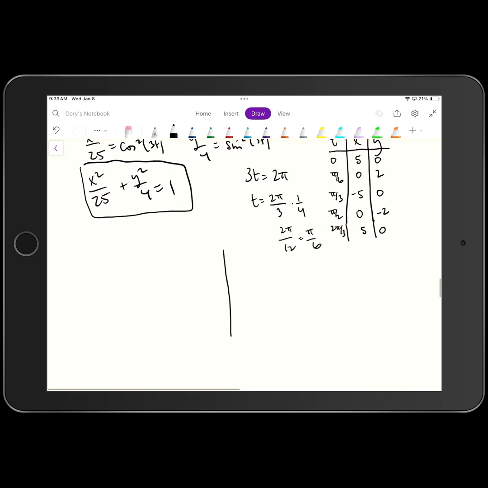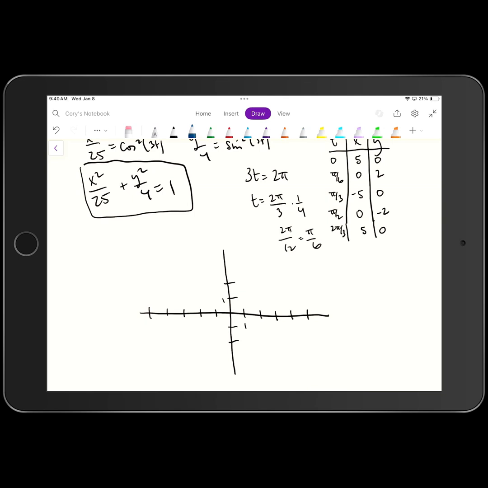Okay, so let's make ourselves a coordinate plane here to sketch our curve. We're going to go up and down 2 units again. We're going to go right and left 5 units. Now we're going to mark our points along the graph.